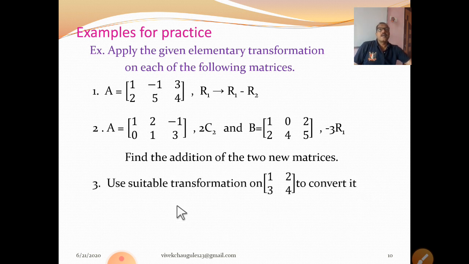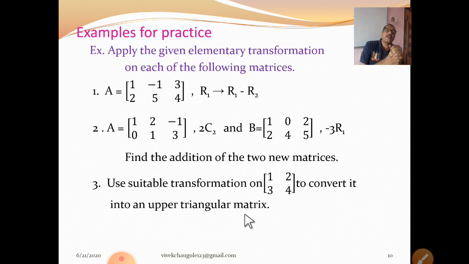Okay, now the third example: use a suitable transformation on the matrix 1, 2, 3, 4 to convert it into an upper triangular matrix. We know from 11th class what an upper triangular matrix is, that is all the elements below the diagonal are 0. These are the diagonal elements, and below the diagonal the element is 3, this becomes 0.